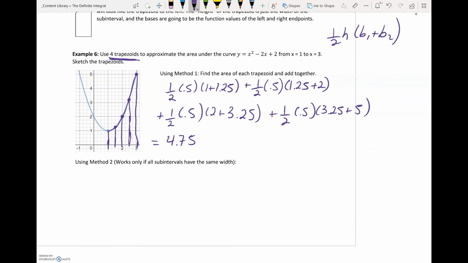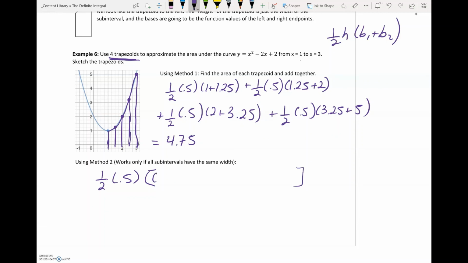So notice we have the same subinterval each time. To actually simplify our work, we could have just had the 0.5 at the very front with a half, and then have our lengths all in brackets within another bracket.